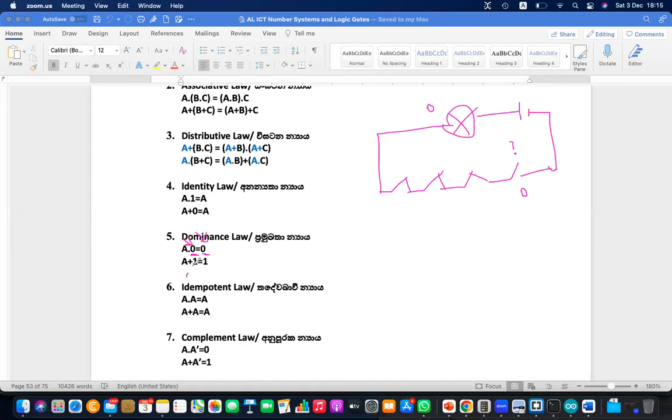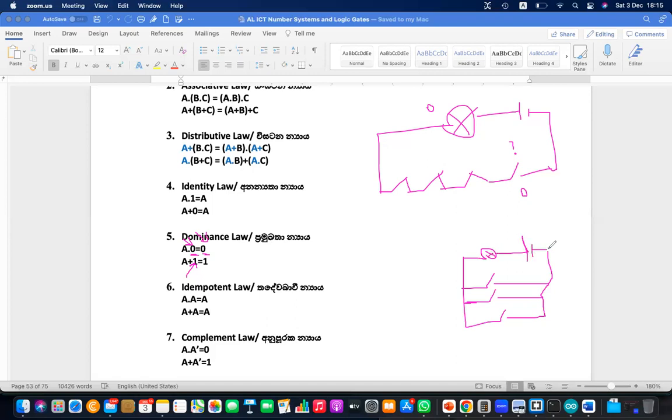Similar to that, the OR gate is the parallel connection. In an OR gate, you have multiple switches, like the first switch, second switch, and third switch. All these are parallel switches. Then you have the bulb and the battery.